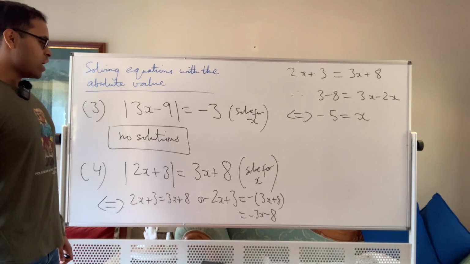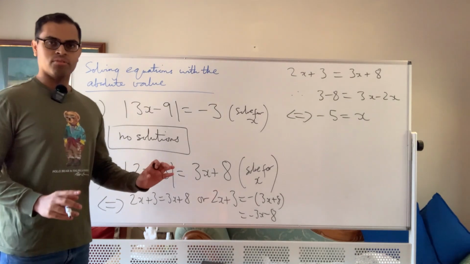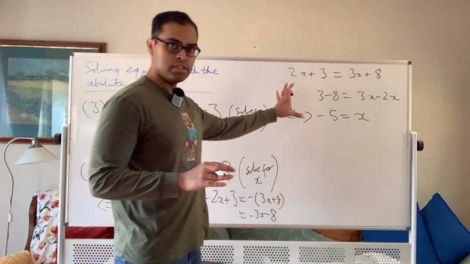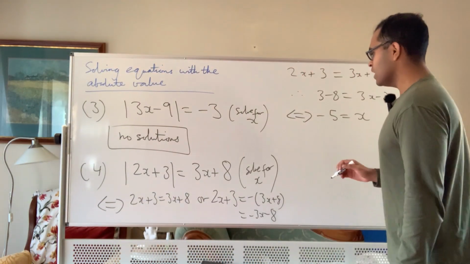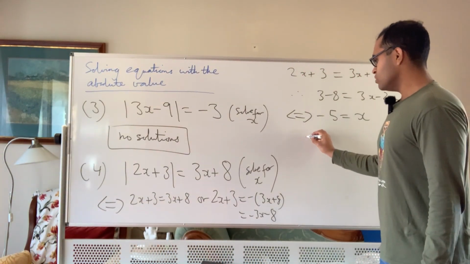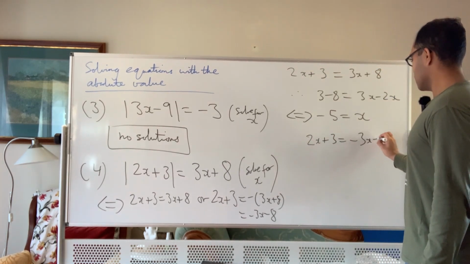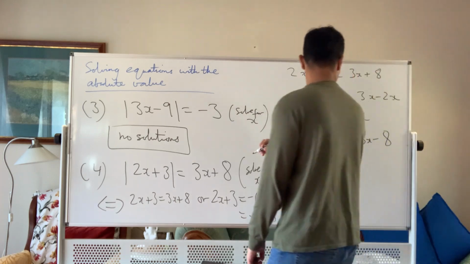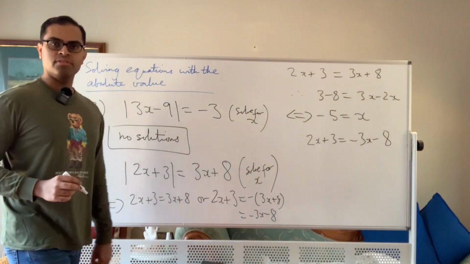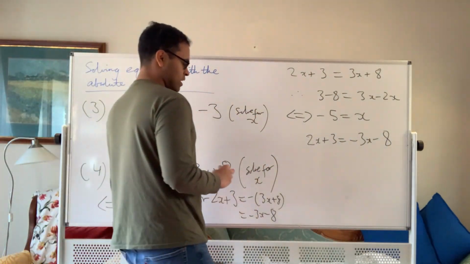Now, there is one thing here which I'll bring out. Okay, so we haven't yet solved the problem. I'm just solving this one equation, and we'll talk about this later. The other possibility is that 2x plus 3 is equal to negative 3x minus 8. Now, again, we can solve this.